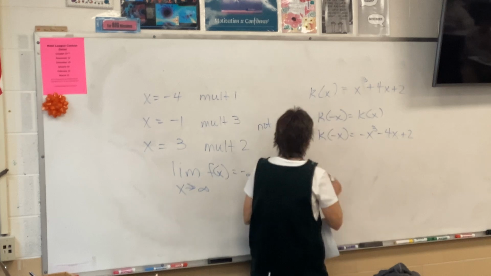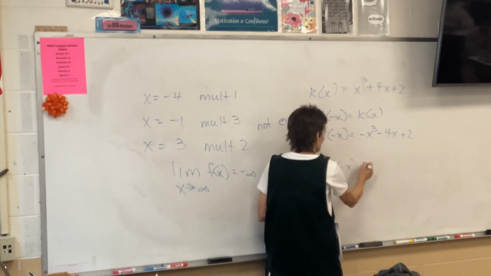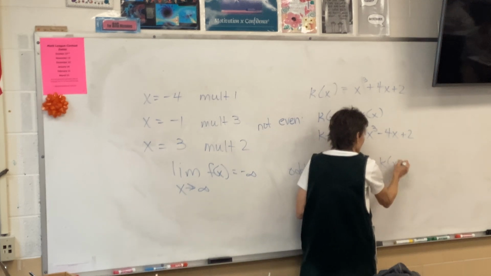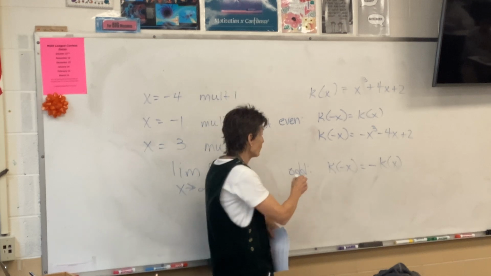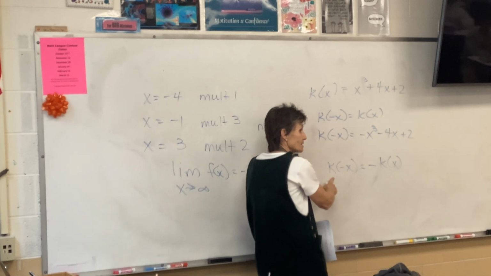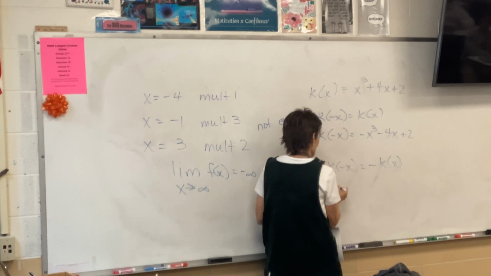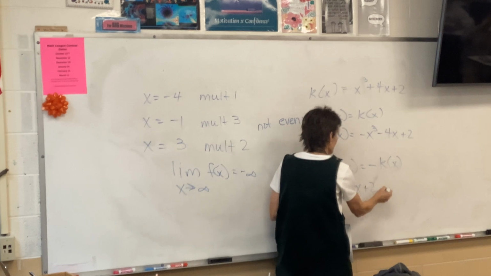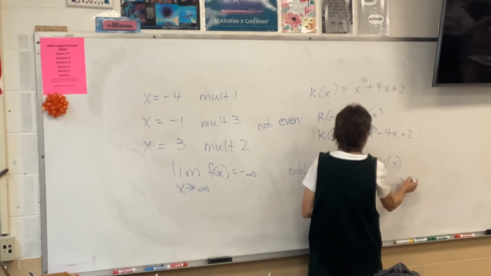Now, what does odd mean? Odd means that k of -x equals the opposite of k of x. Well, I already did k of -x. Is -x cubed minus 4x plus 2 the opposite of the original?